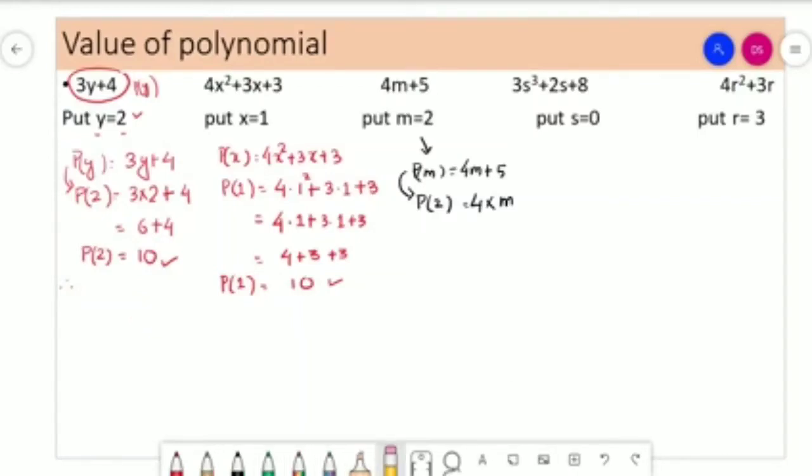So 4 into 2 plus 5, so 8 plus 5 is equal to 13. This implies that for the value 2, the value of the polynomial 4m plus 5 is now 13.